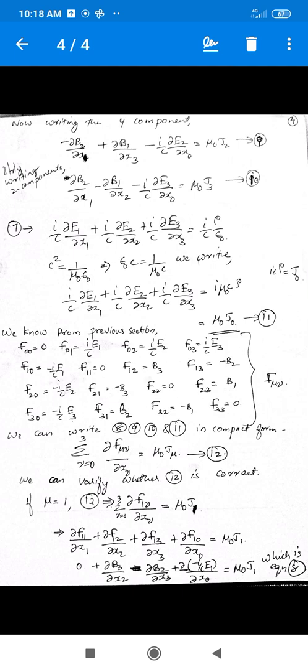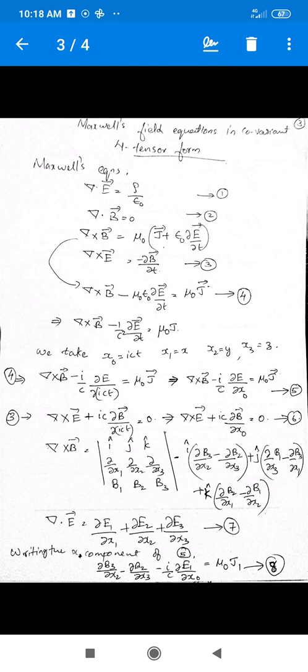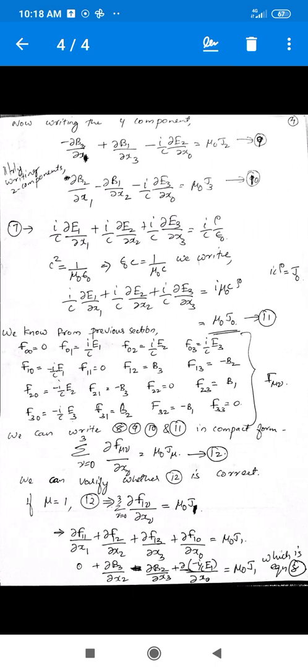Also writing the z component, it will be dou B2 by dou x1 minus dou B1 by dou x2, which is the k cap term, minus i by c dou E3 by dou x0 is mu 0 J3. So equations 8, 9 and 10 we got, the x, y and z components of equation 5.